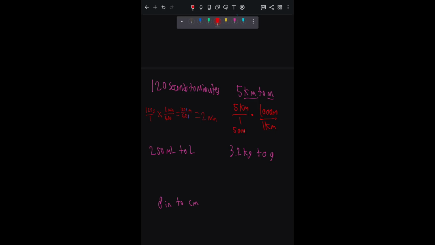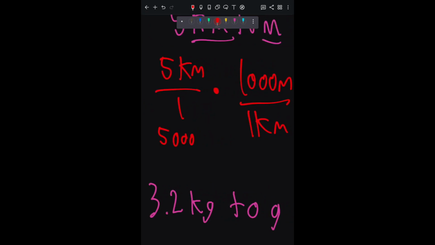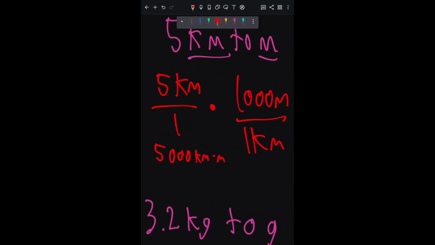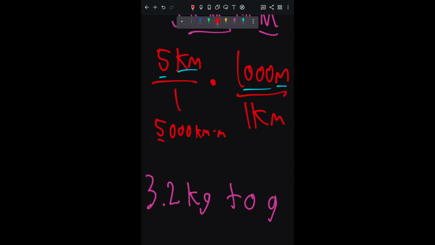That's 5,000 km times the meters, right? Because you have the km there and the meters there, and you combine these to get the 5,000, right? Then you divide by, well, what's 1 times 1? It's 1. So it's 1 km.